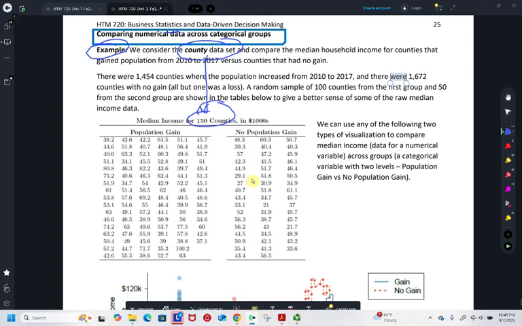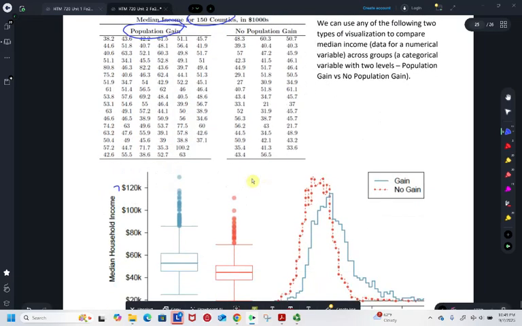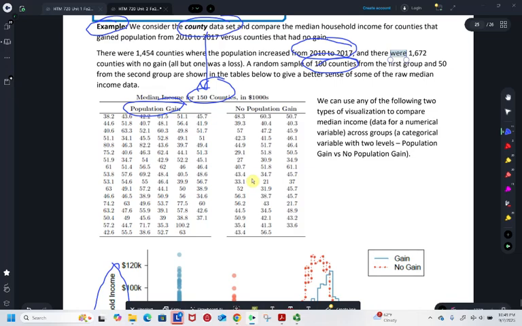We have divided these 150 counties into 100 which have recorded a population gain from the year 2010 to 2017, and we are looking at the median household income in these 100 counties.